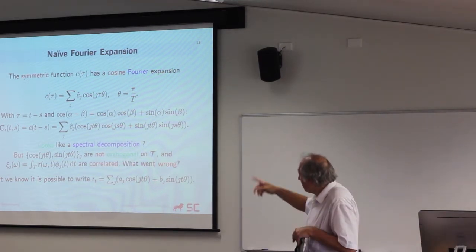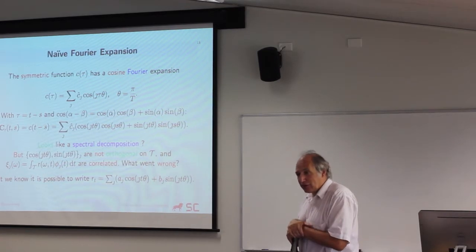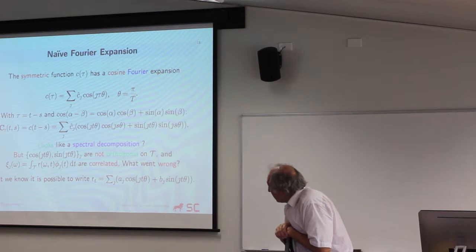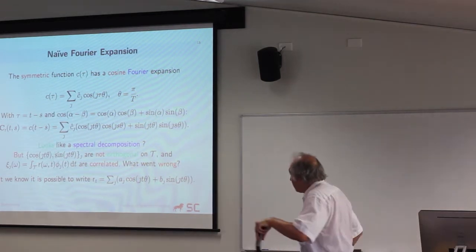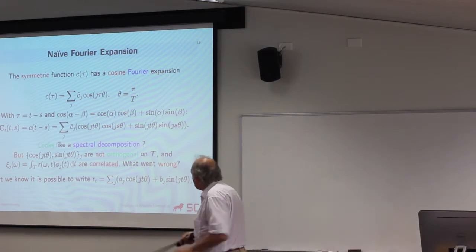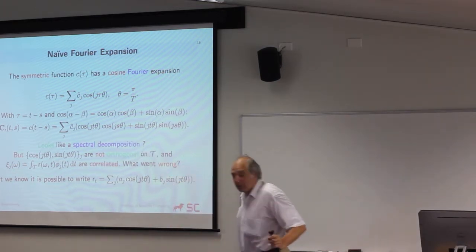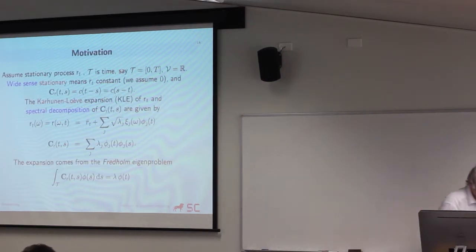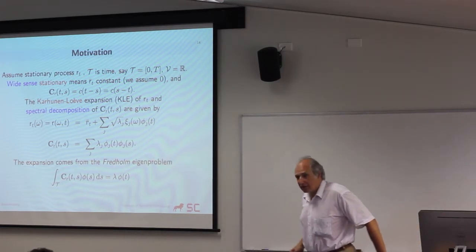If I write this down and use elementary trigonometry to express the cosine of the difference of two angles, then I see that this function has an expansion like this, and this is exactly like the one before. If I go one page back, you can see it's exactly like this eigenexpansion.